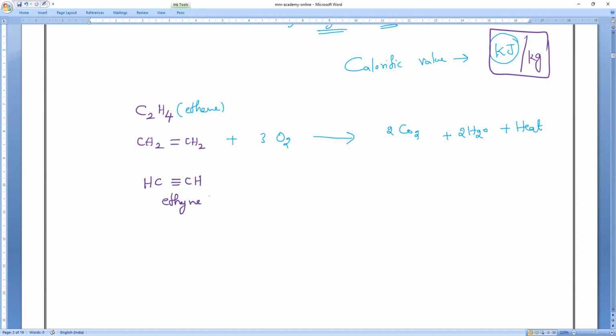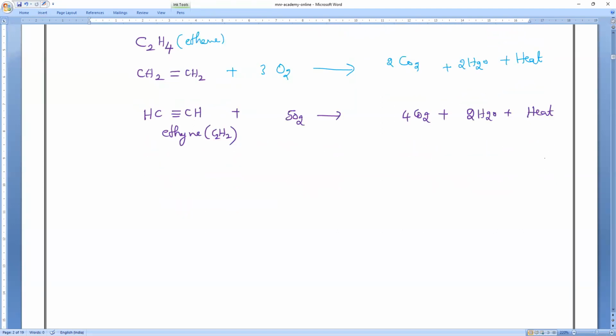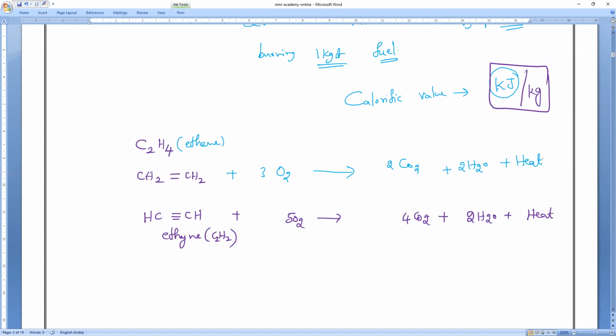So ethene, C2H4, will react with oxygen and produce carbon dioxide plus water plus heat energy. So remember, unsaturated hydrocarbons burn, and they will produce unburnt carbon in the form of soot. That is what you have to remember.